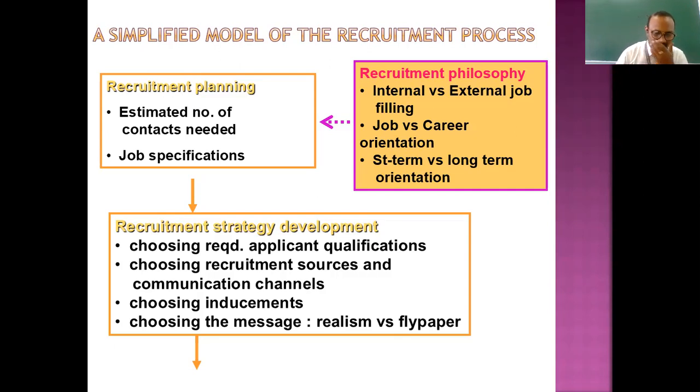Sometimes what happens is it can be a realistic image. A real image is like the job analysis in black and white. Or sometimes it's fly paper. Fly paper is a little bit of exaggeration. For example, you can see a lot of recruitment advertisements where they'll show an eagle soaring, just to give you an impression that your growth also is going to be like that, or like a supersonic jet that is flying up in the sky, right?